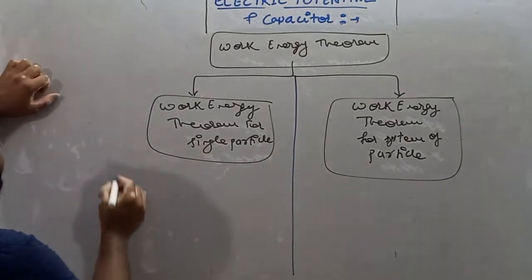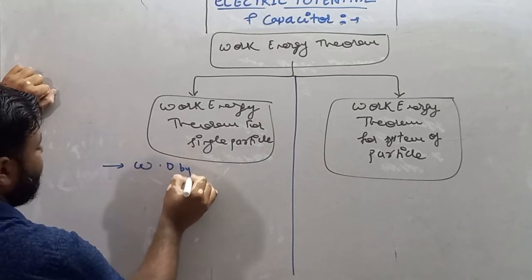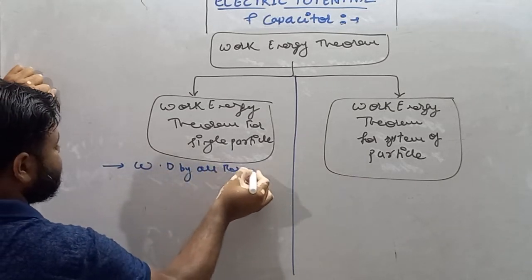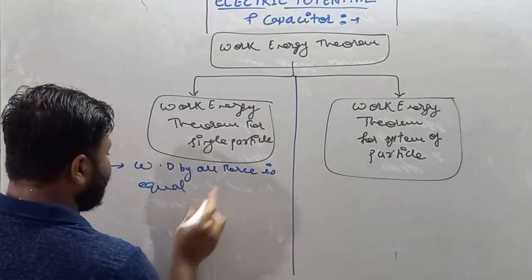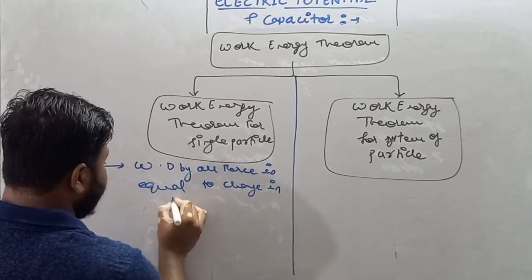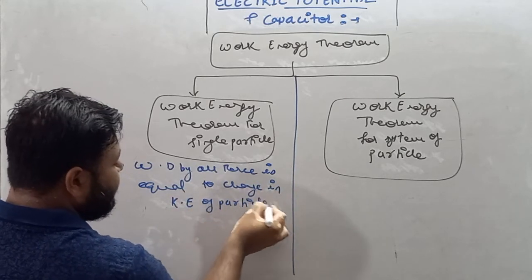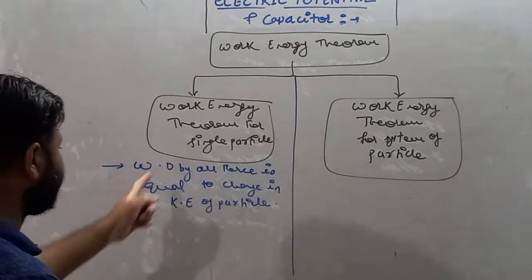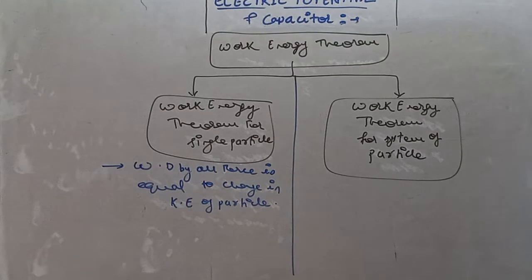Work done by all forces is equal to change in kinetic energy of the particle. Remember this statement: work done by all the forces acting on a single particle will change its kinetic energy.